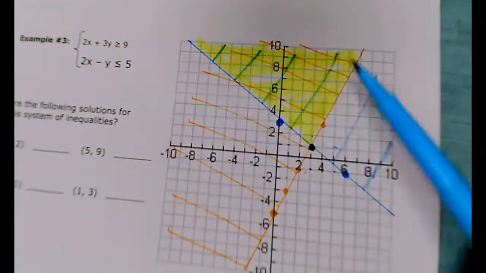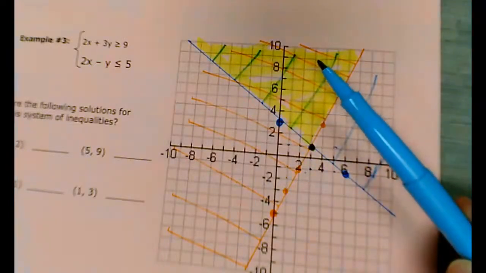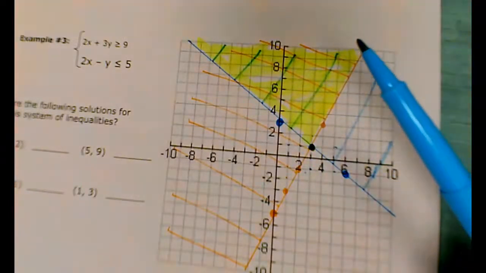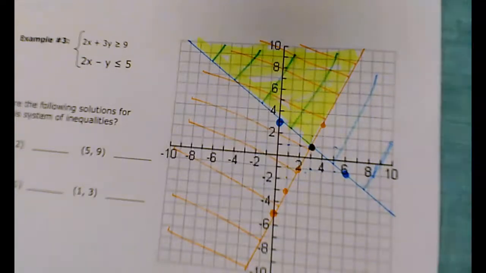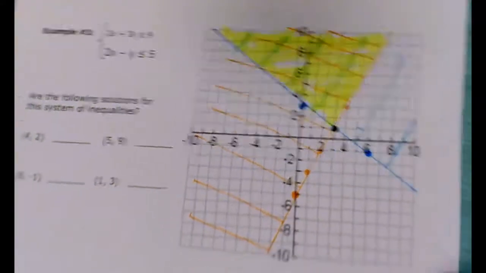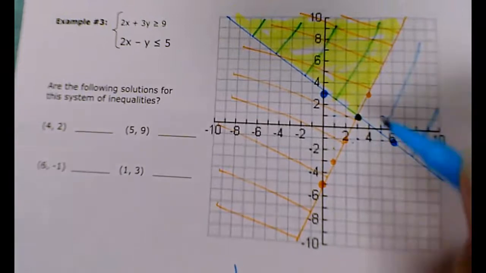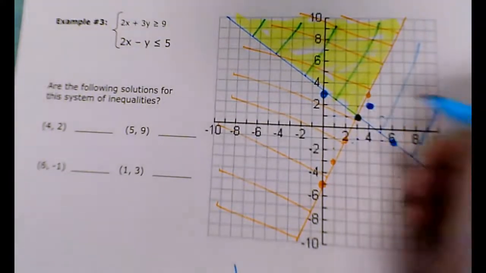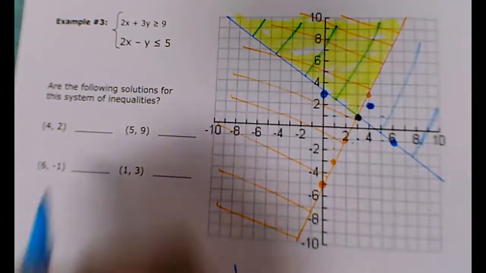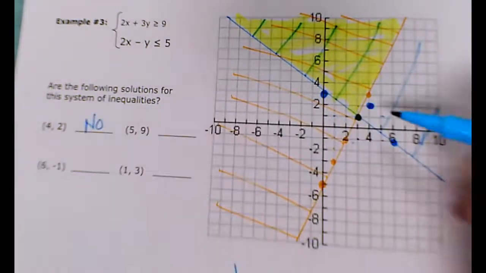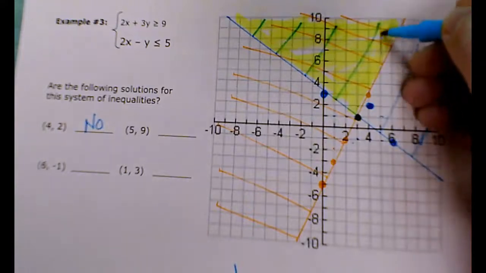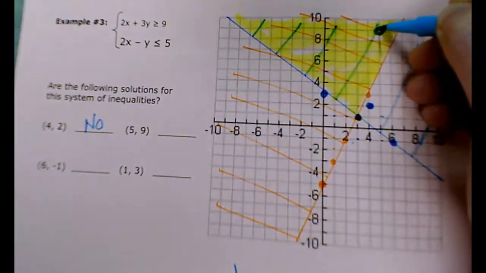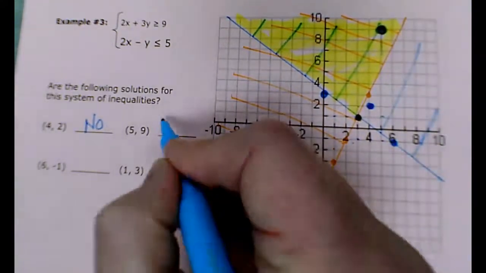Anything in this highlighted part is an answer to both of the original inequalities that I started with. So is the point (4, 2) in the double shaded area? Is the point (5, 9) in the double shaded area?